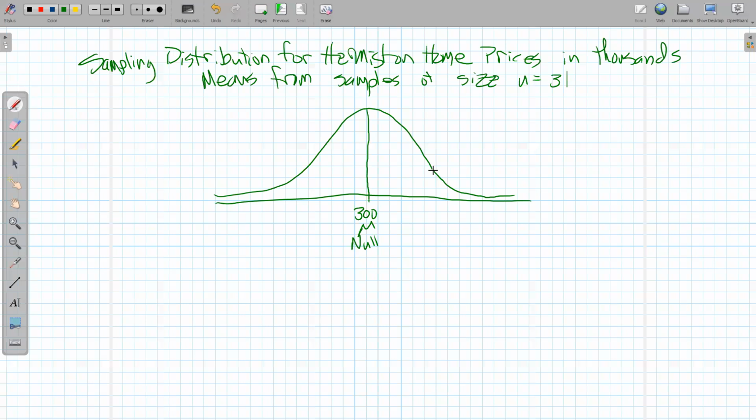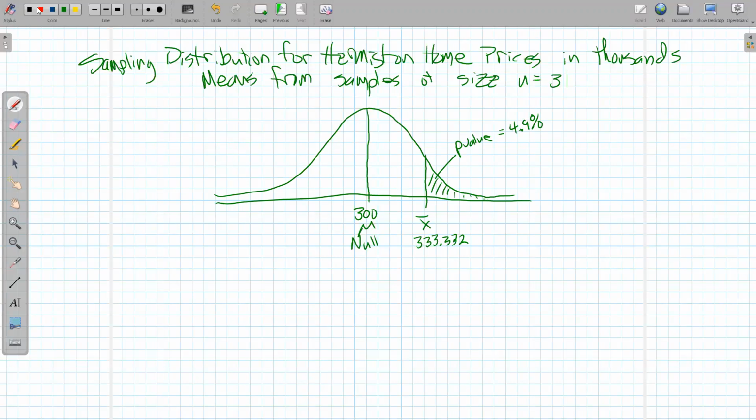Somewhere out, must be about here-ish, I have my X bar, 333,000.332 according to Stackkey. And then the number of other samples that ended up in this region, that's the p-value, was equal to about 4.9%.